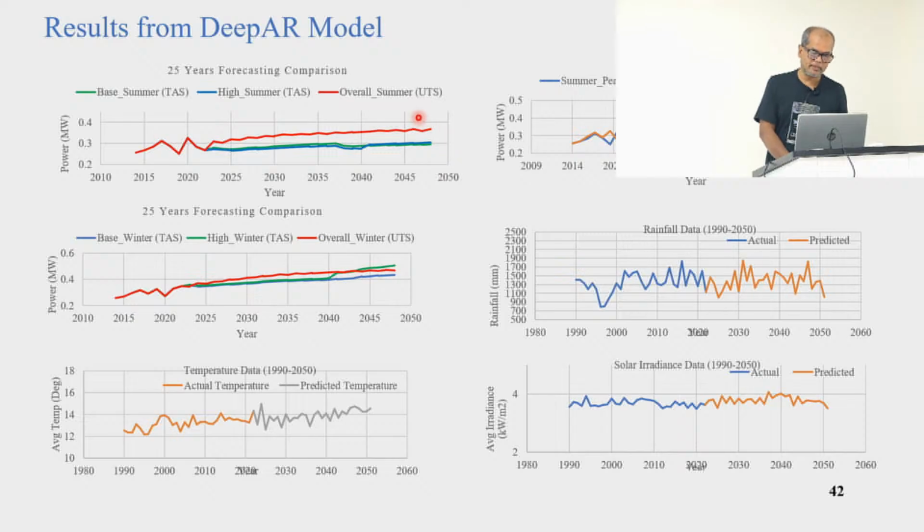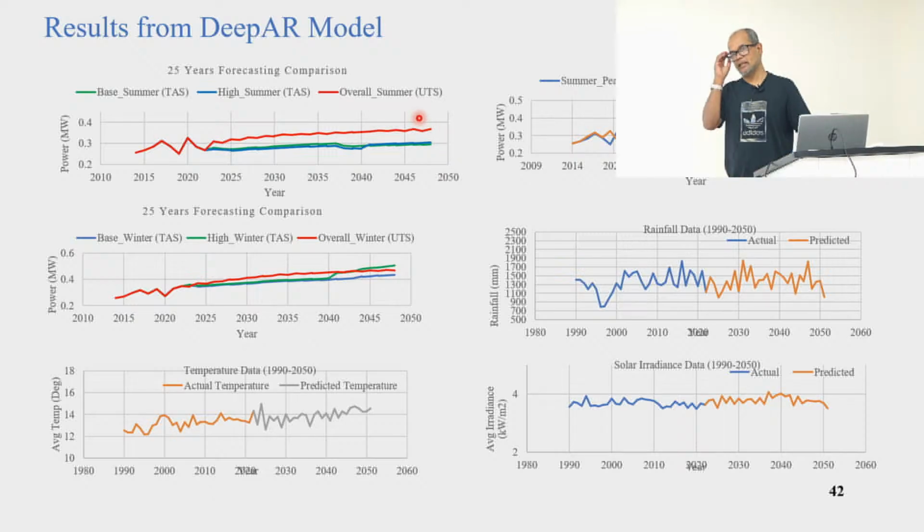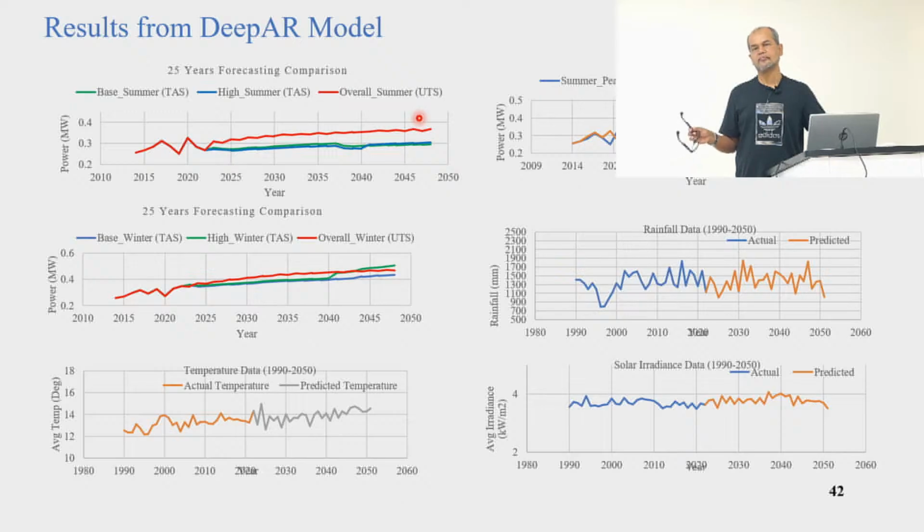But what happens if we expect very hot weather in coming years compared to what we are experiencing now? What happens if we experience more severe cold weather? Then how is the demand going to look?